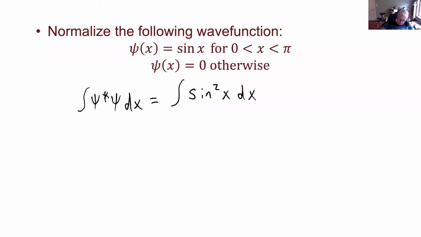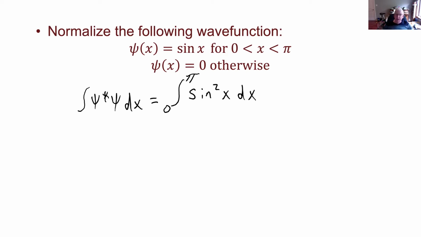And I want my integral to go from 0 to pi, because that's the only place where the wave function is non-zero. If I integrate over other x values, I'm not going to get anything else contributing to my integral because the wave function is 0 everywhere else, according to that statement.